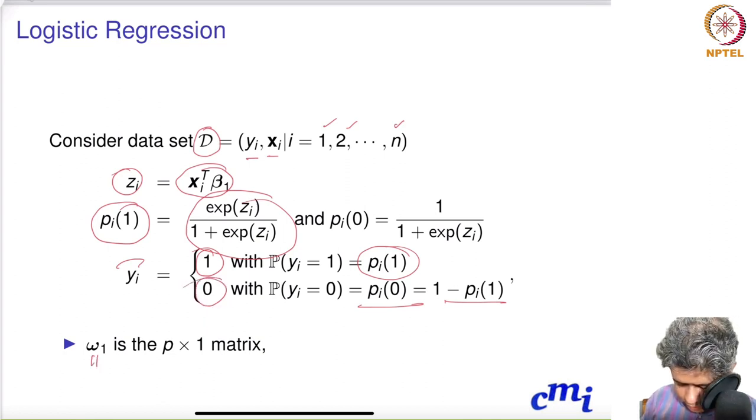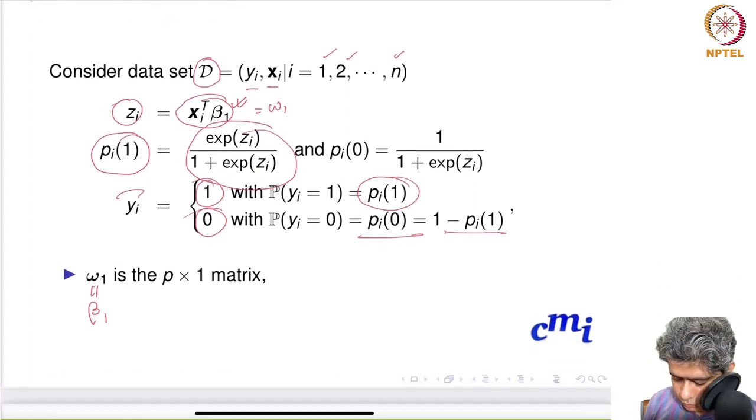Now omega 1 is my beta 1, so this beta 1 is also omega 1. Why am I using omega 1? Because in machine learning literature we generally use omega as the notation for coefficients. In statistics literature we use beta as the notation for coefficients.